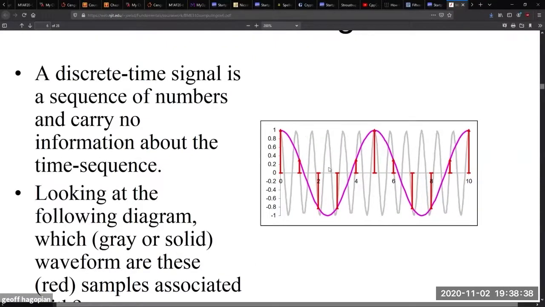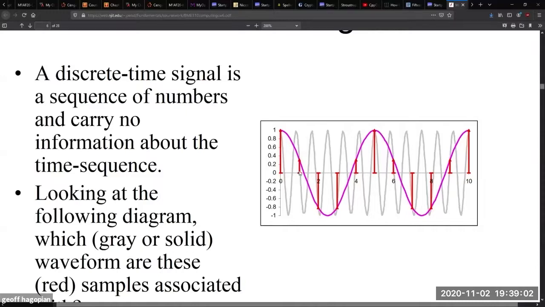So the gray curve in the background is the real oscillator, but it's being sampled at intervals that are longer than a wavelength. You see the wavelength here, the peak to peak distance is smaller than the sample to sample distance.